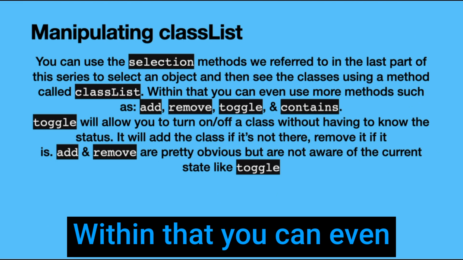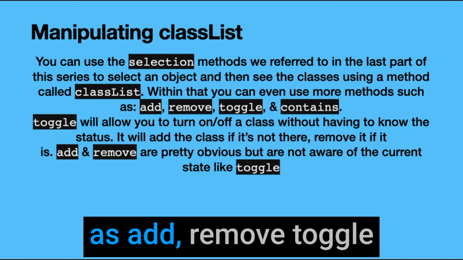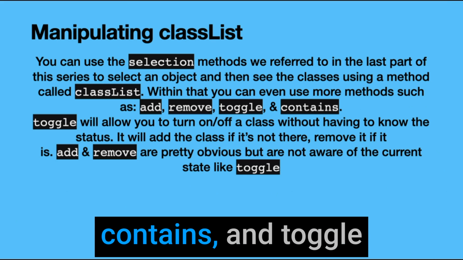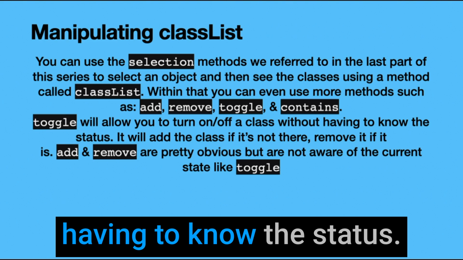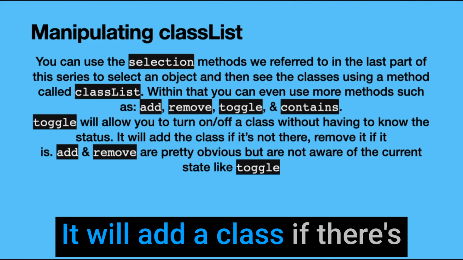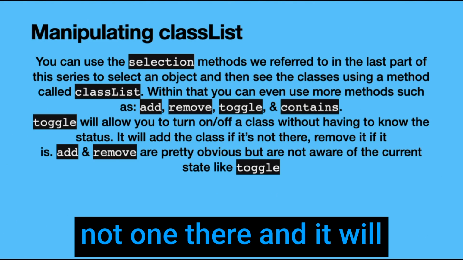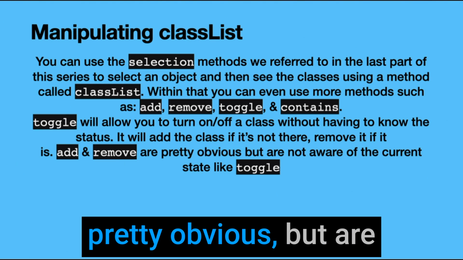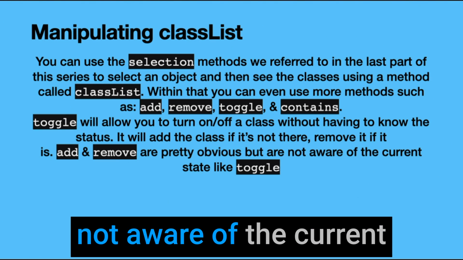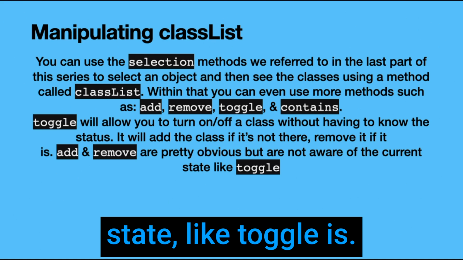Within that, you can even use more methods such as add, remove, toggle, contains. Toggle will allow you to turn on or off a class without having to know the status. It will add a class if there's not one there, and it will remove it if there is. Add and remove are pretty obvious, but are not aware of the current state like toggle is.